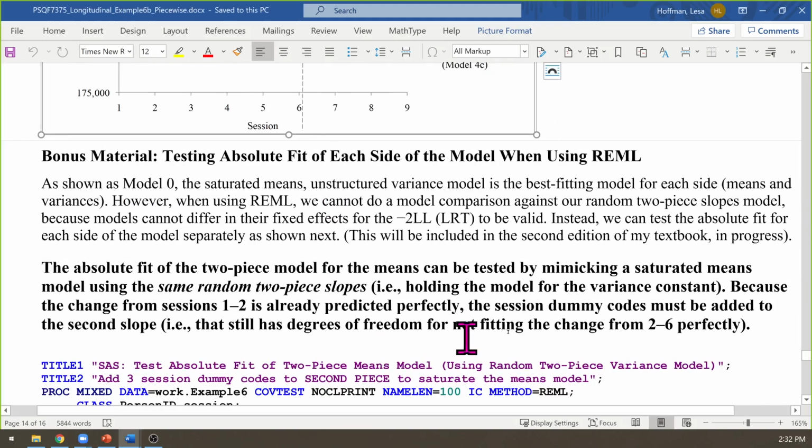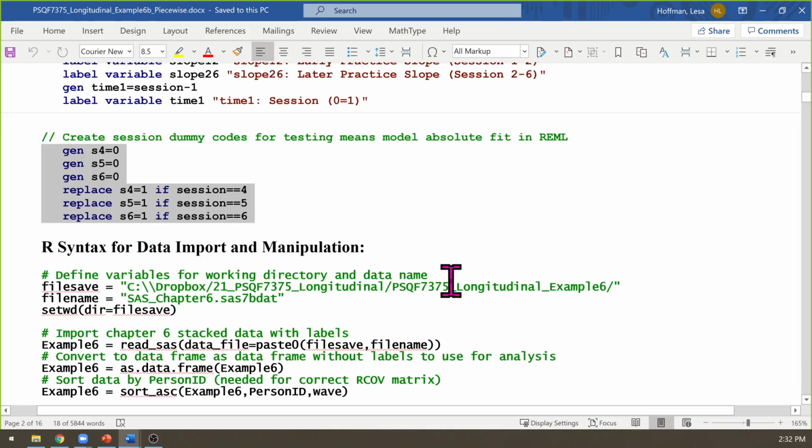So let me scroll back to the beginning of this handout where I made the dummy codes in the first place for just a second. What I'm talking about is this right here. So ahead of time, I had created 3 dummy codes for sessions 4, 5, and 6.